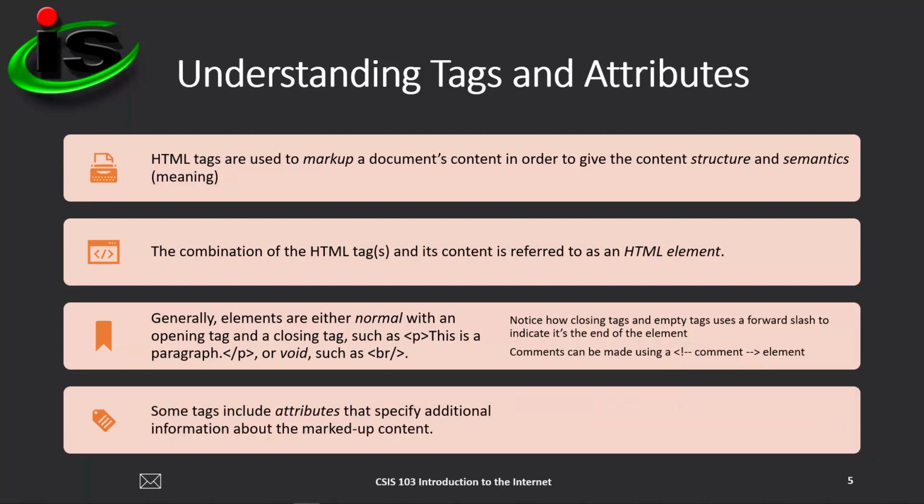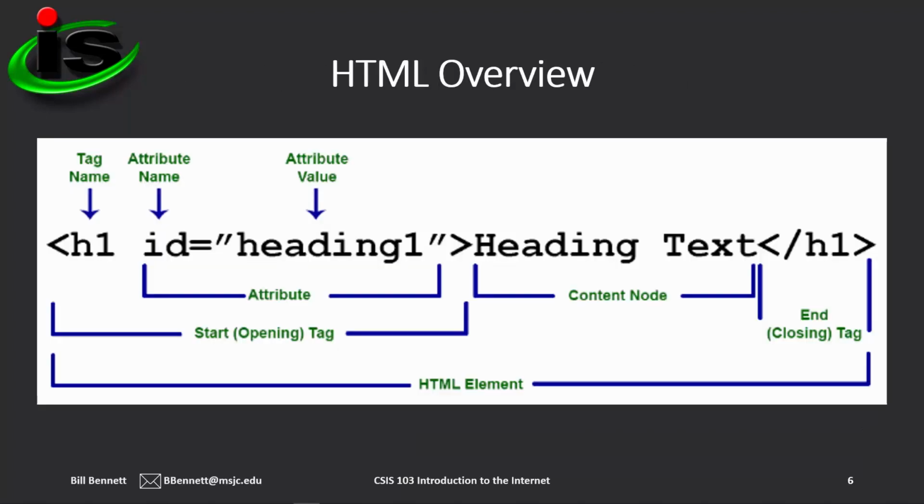Some tags include attributes that specify additional information about the marked up content. Some attributes are optional, some are not. Here's a graphic representation of an H1 element. Notice that from the left angle bracket all the way to the far right angle bracket, everything in between is referred to as the HTML element.